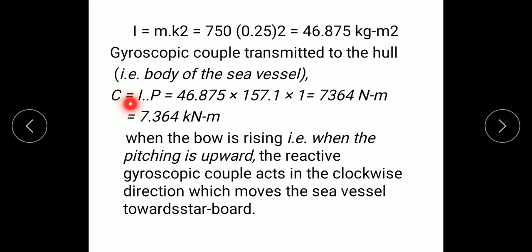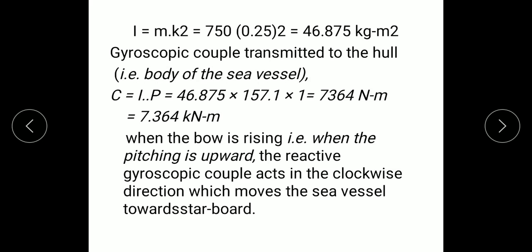So the formula is C equal to I into omega into omega p. We have already found I, 46.875 into omega 157.1 into precession, already given in the problem as 1. So substituting here, 7364 Newton meter, converted into kilonewton, so 7.364 kilonewton per meter.